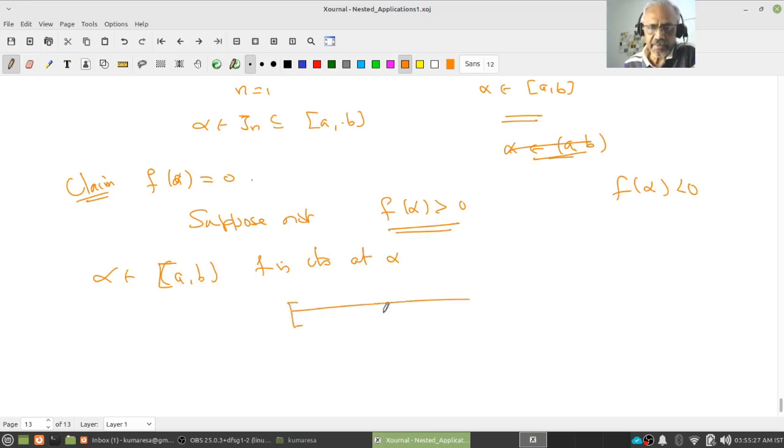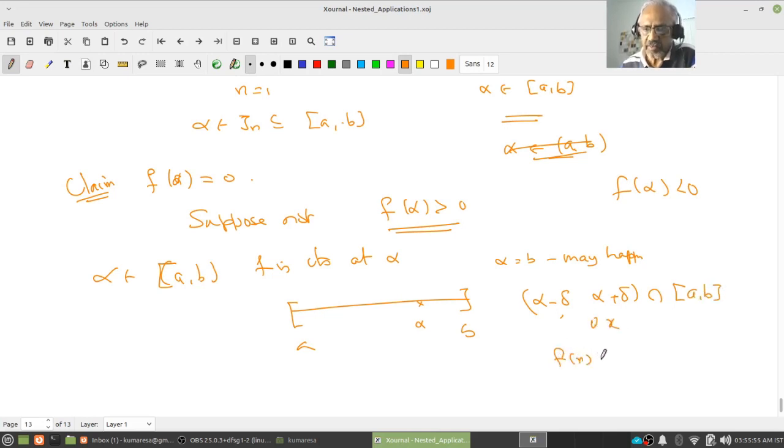So this is my [a, b]. Remember, my alpha could have been b, maybe, but I am just assuming alpha is an interior point. If alpha is equal to b also, the argument will work. So what do I know? There is an interval alpha minus delta to alpha plus delta intersected with the interval [a, b], so that for all x here, f of x must be positive because f of alpha is positive.